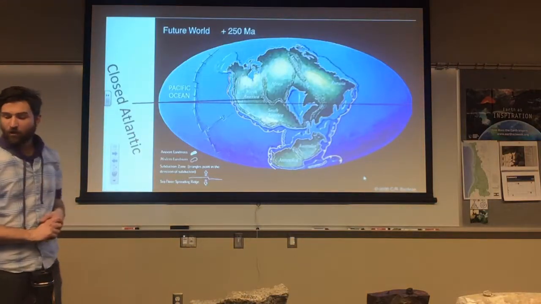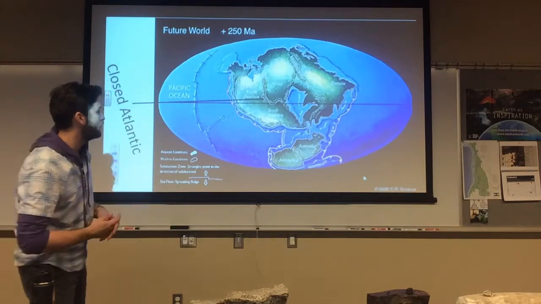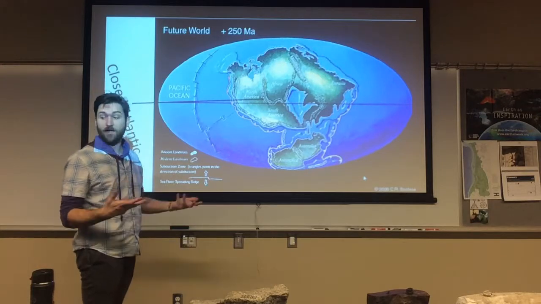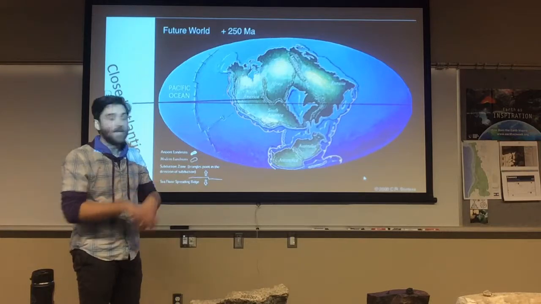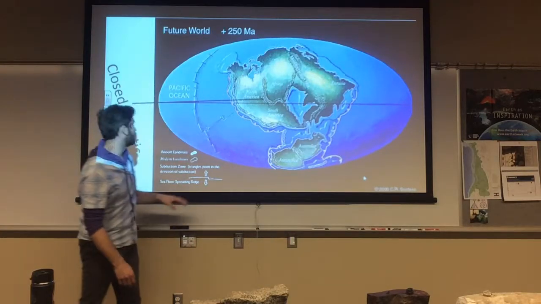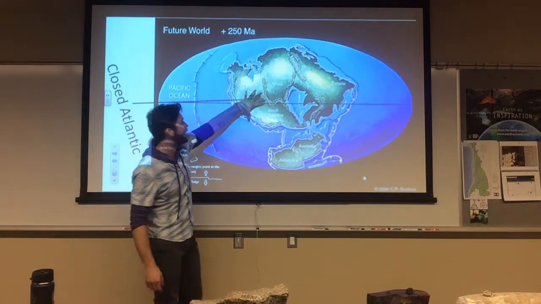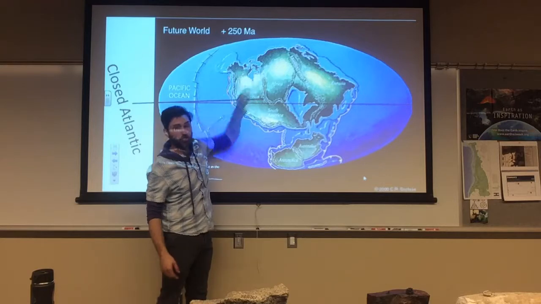Okay, now people have thought about this. This is not published in any peer-reviewed material as far as I know. There are multiple maps that are put out there, but people have thought about the Atlantic margin closing up and creating a future world, or what's also known as Pangea Ultima, where Pangea is re-stitched together as the Atlantic margin closes.